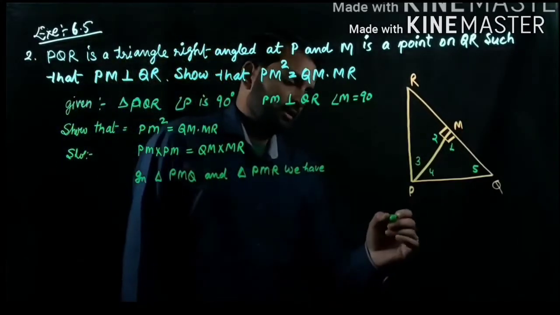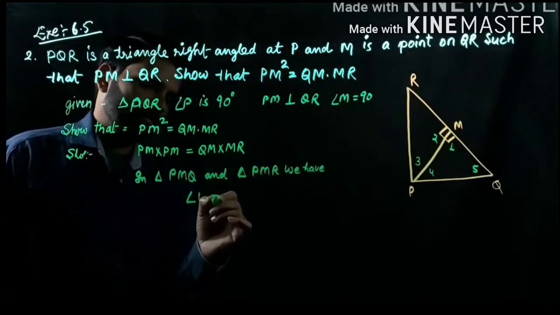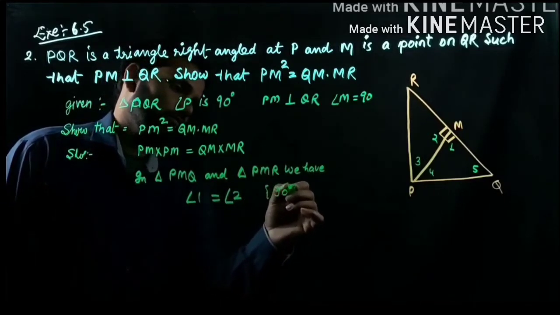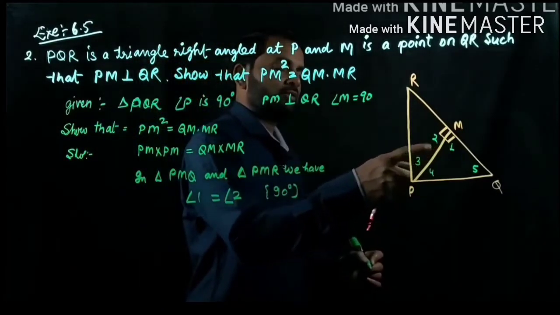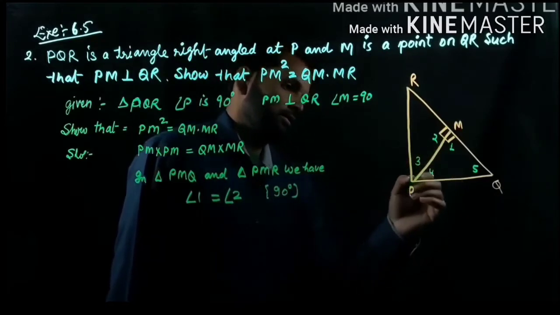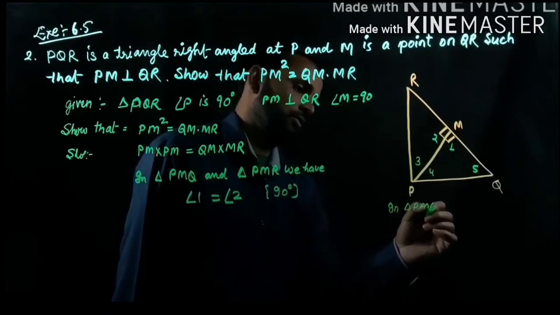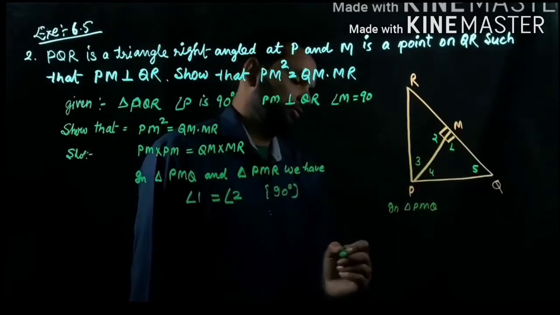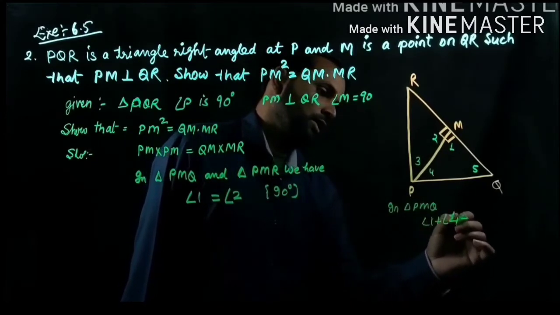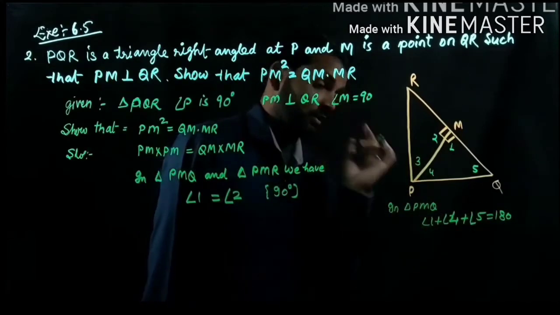Now we draw the triangle similarly, where angle 1 and angle 2 are 90 degrees. In triangle PMQ, the sum of angle 1, angle 4 and angle 5 is equal to 180.